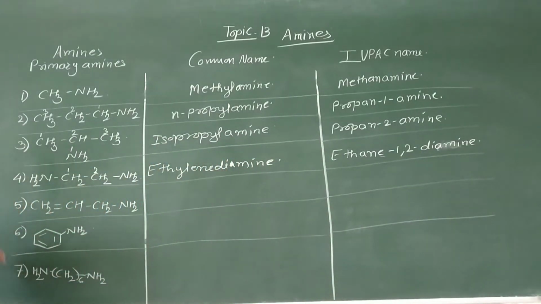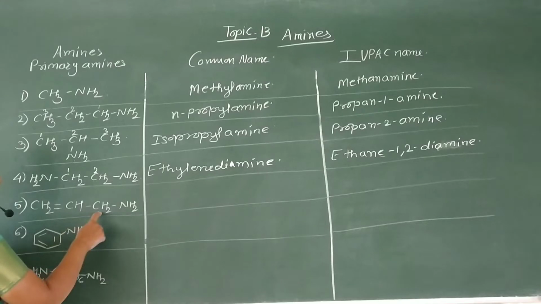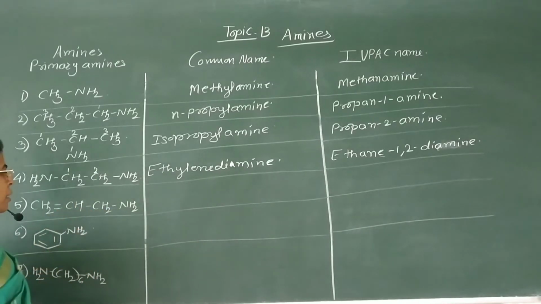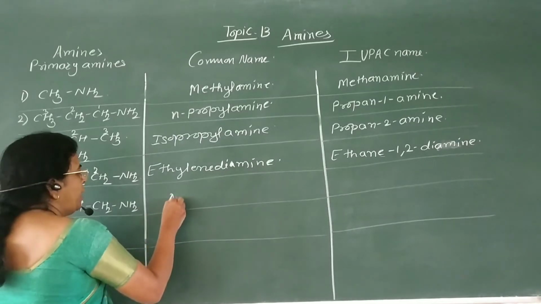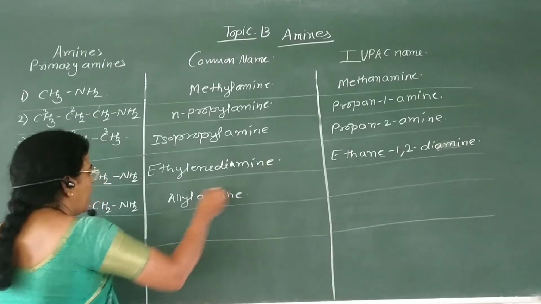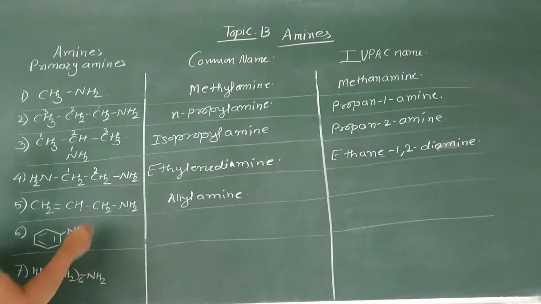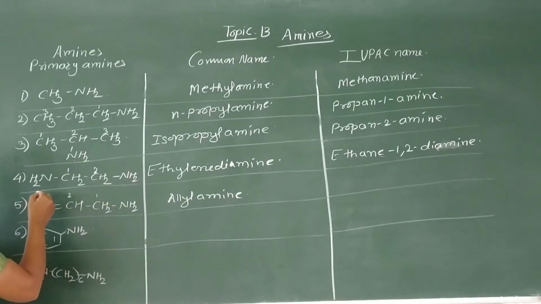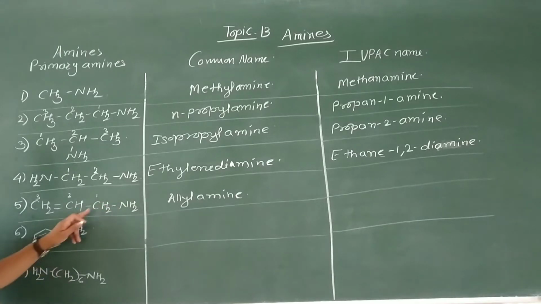Now number 5. CH2=CH-CH2NH2. Now here there is a double bond. Therefore it is allyl amine, an unsaturated amine. Now give numbering 1, 2, 3 from the end which is nearer to the functional group. Therefore it becomes propene.